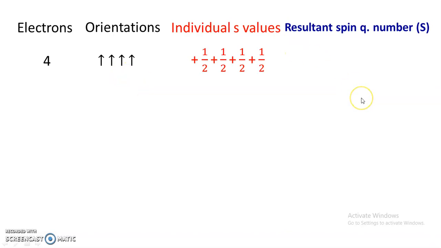And the resultant spin quantum number value is the algebraic sum of these 4 values. When 4 plus half values are added together, it becomes 2. So the resultant spin quantum number is 2.